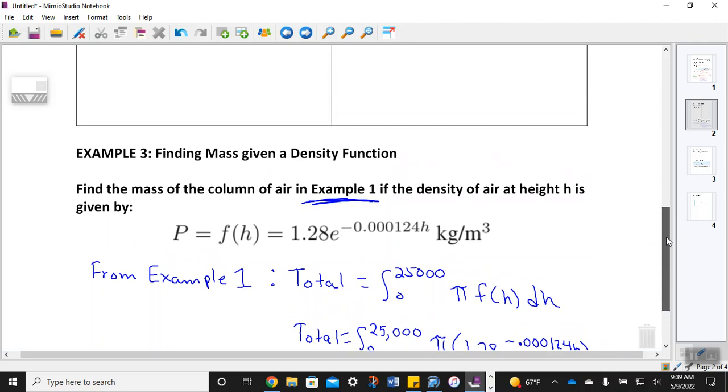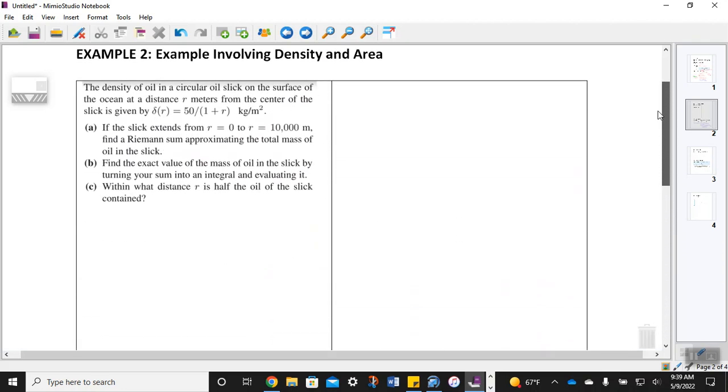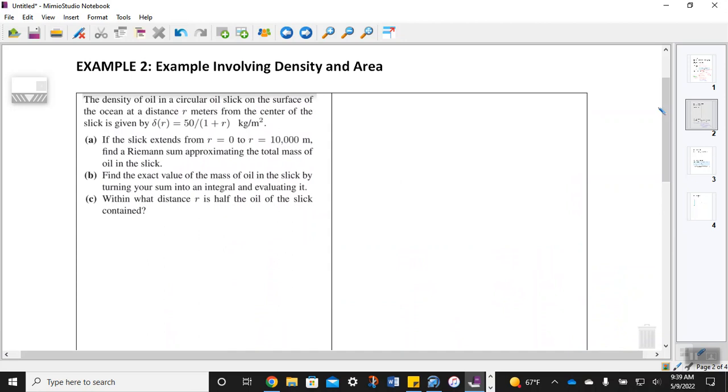It's pretty straightforward, but you've got to understand formulas. So let's keep with this theme, kids. We're going to go to example 2. This time we're going to involve not density with volume, but density with area. When we involve density with area, we've got to come up with some kind of an area formula, and in the last one, we had to come up with a volume formula for that slice of the cylinder.